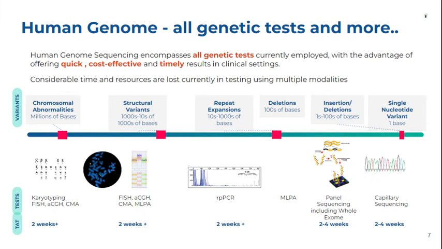So you have a wide variety of resolutions of very different tests. Each of these tests has its own turnaround times, its own complexities, its own expertise required to implement the testing. Now, what whole genome sequencing encompasses is all these tests in one single test. In many ways, this could be thought of as a convergence of genetic tests. It can do all of these genetic tests and also provide much more information than all of these tests put together.